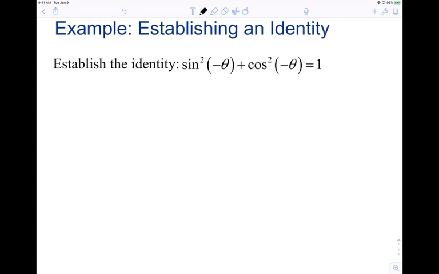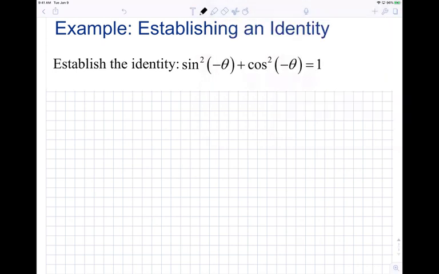Okay, so now let's see if we can get this going. So let's start with a copy of the original. And let's get some graph paper. Okay, so we have sine squared of negative theta plus cosine squared of negative theta. We want to show that it equals 1. I want to say the following is just by definition. This is really just sine of negative theta quantity squared.